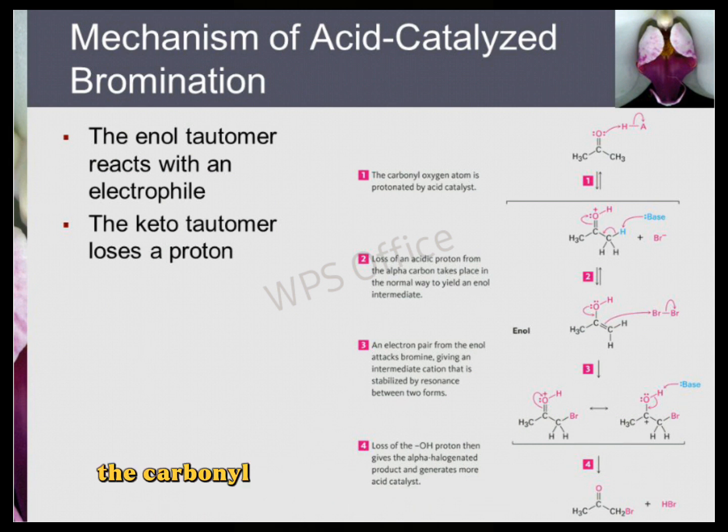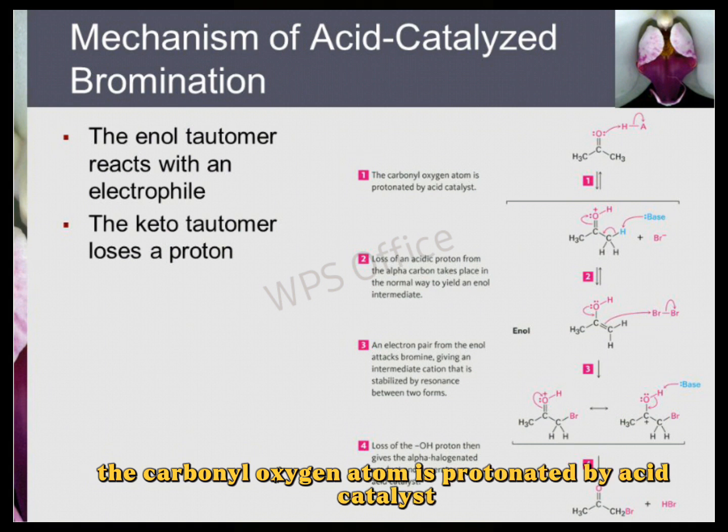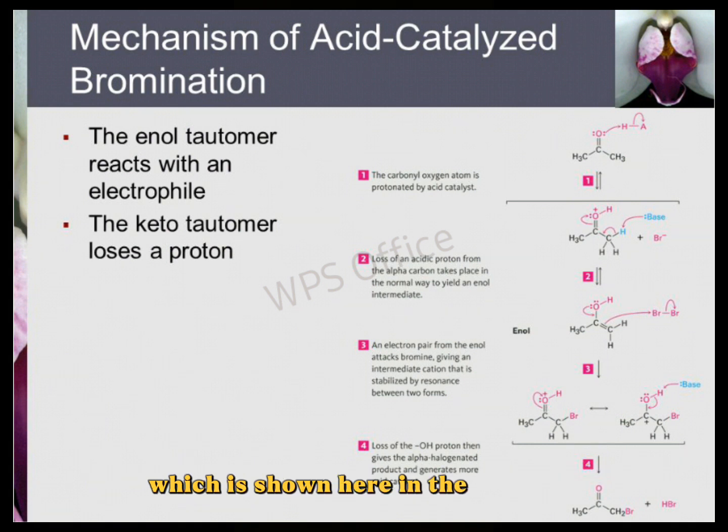The carbonyl oxygen atom is protonated by the acid catalyst, which is shown here in example 1. Here in example 2, the loss of an acidic proton from the alpha carbon takes place in the normal way to yield an enol intermediate.